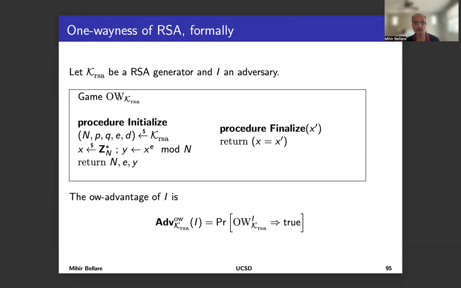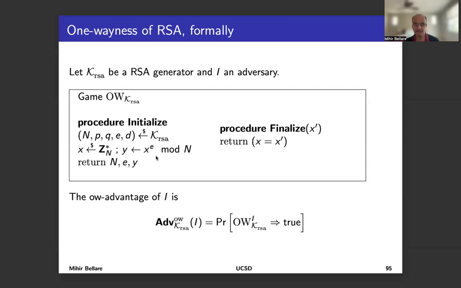The game is called one-wayness, and it's parameterized by the generator. The initialize procedure runs the generator, and that'll give back this 5-tuple of objects: the modulus, the 2 primes such that n is pq, encryption exponent, decryption exponent, satisfying all the nice math properties we saw. Now our game picks a random value x in Zn star, and it raises x to the eth power mod n.